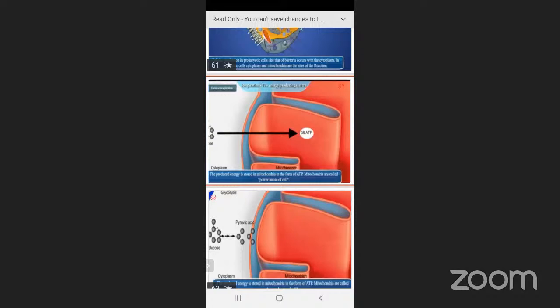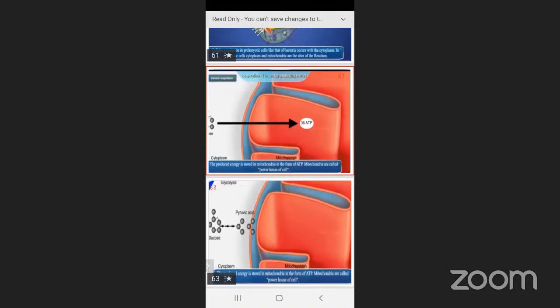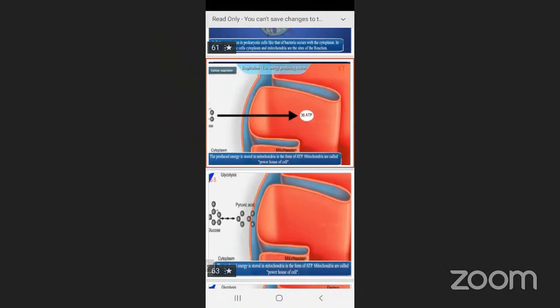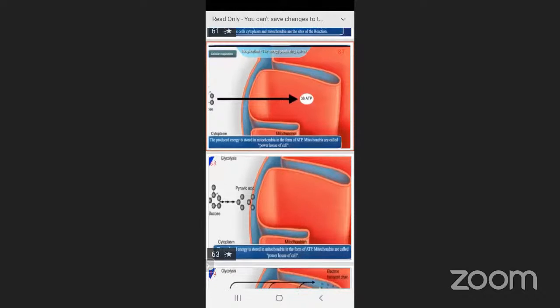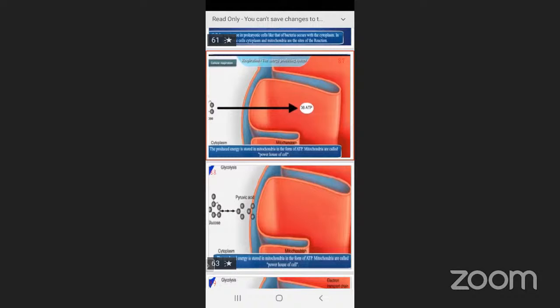See, children, as I told you, by cellular respiration, energy will be released. So some amount of this produced energy can be utilized for our metabolic activities at that time, and the excess energy will be stored in mitochondria in the form of ATP, adenosine triphosphate.